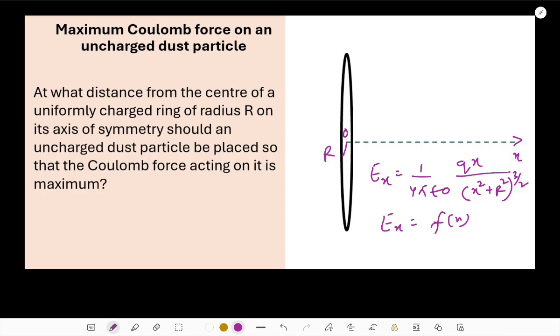So if we place an uncharged dust particle, it is going to be polarized because, since all things are made of atoms, it will have a center of positive charge and a center of negative charge. The center of positive charge will be pushed in the direction of the external applied electric field, and negative charge in the direction opposite to it.